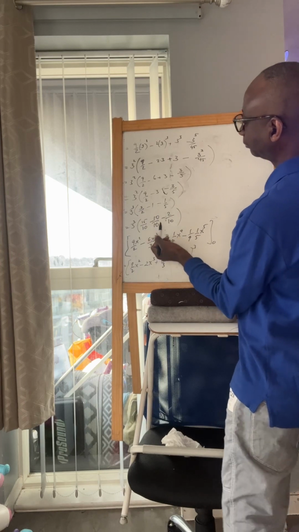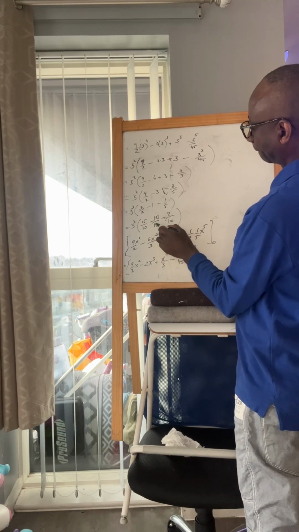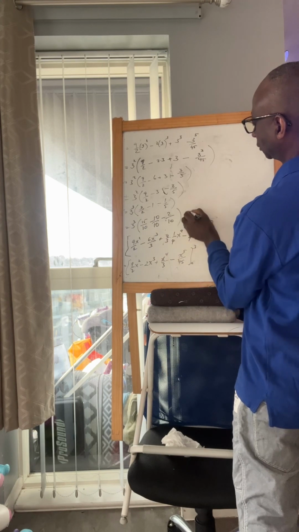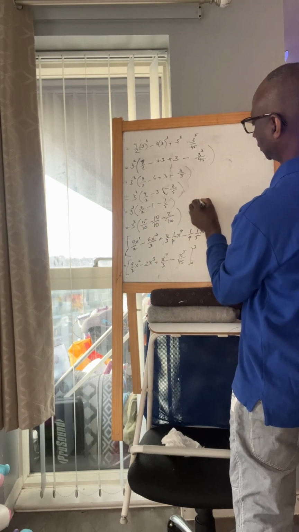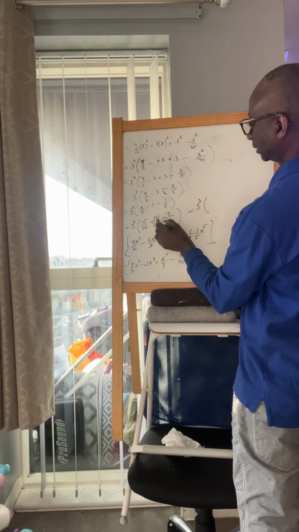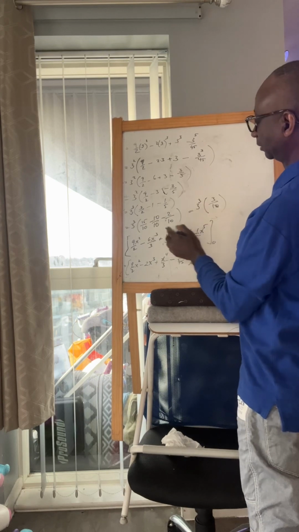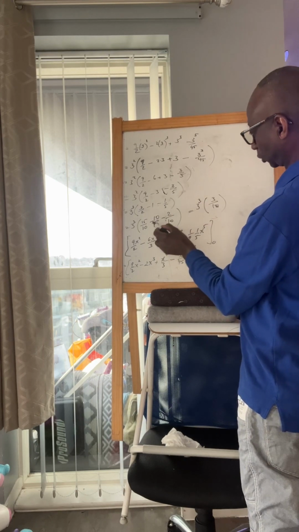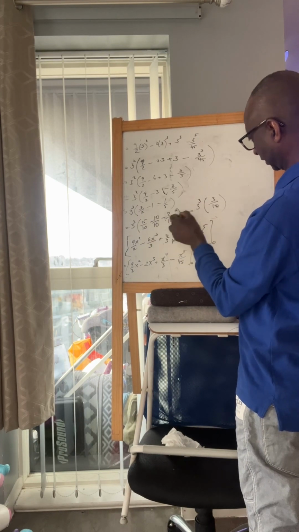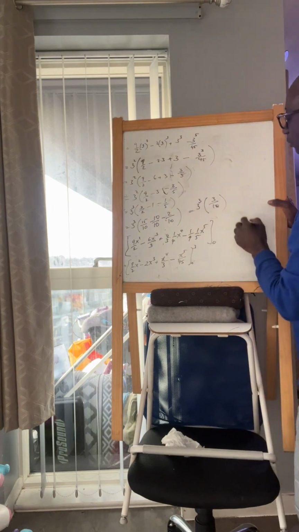So now 15, this is minus 12. So this will give us 3 to the power of 3. So this is 12, this is 3 all over 10. Yeah? This is minus 12. 15 minus 12 is 3 all over 10. So this is what you get.